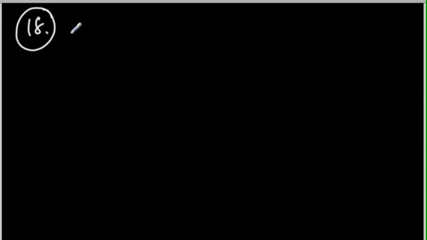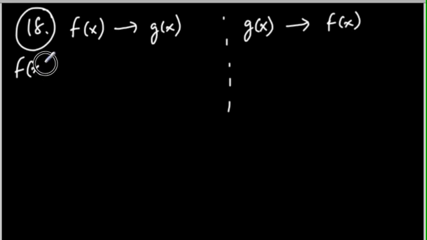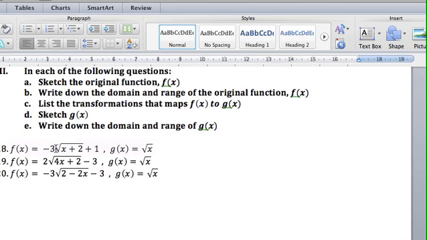So basically, we're trying to go from f to g, right? That's our goal. But what I'm suggesting is let's figure out how to go from g of x to f. And then really what we'll see is we just have to work backwards. So f of x is, in this case, -3 square root of x plus 2 plus 1.